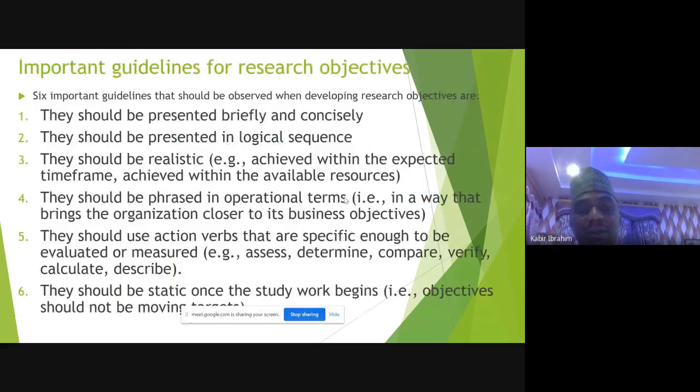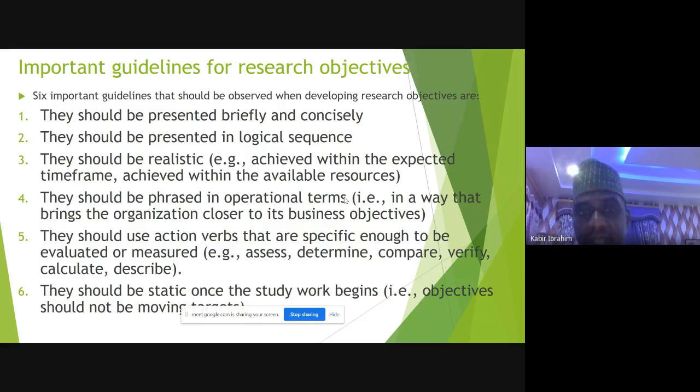So for research objectives, we have 6 important guidelines that should be observed when developing research objectives. Whenever you follow these 6 steps, they will guide you in developing your own research objectives. They should be presented briefly and concisely.